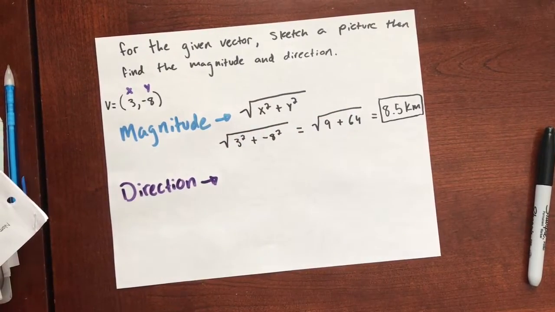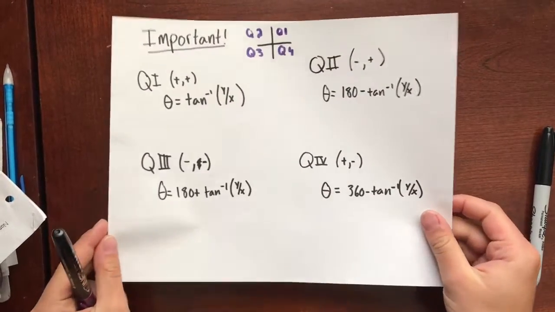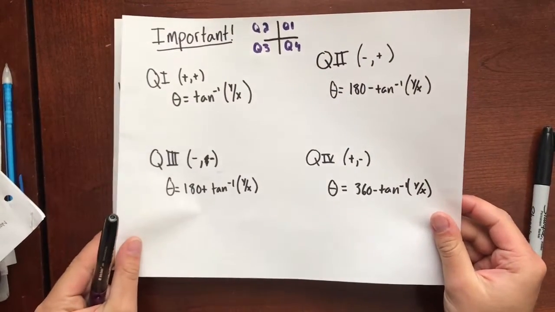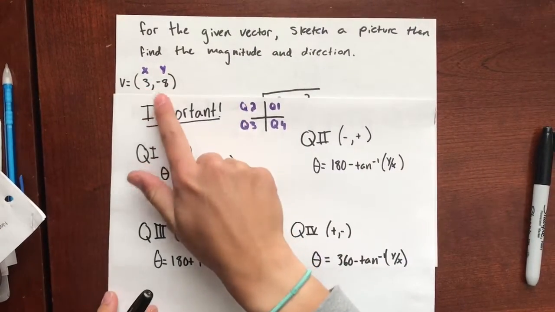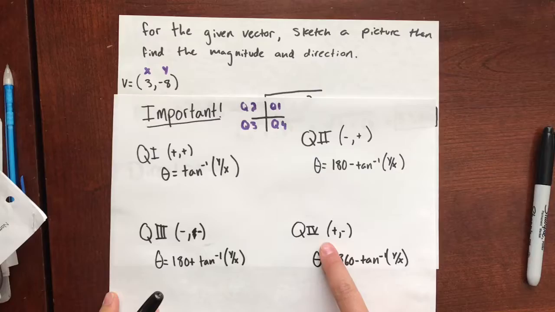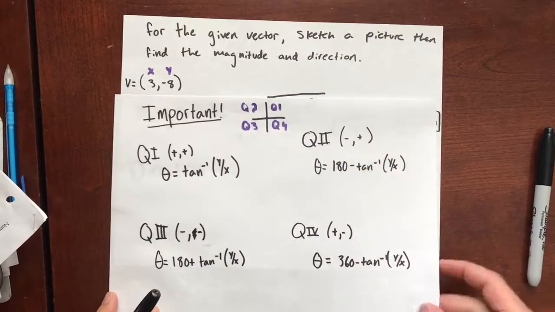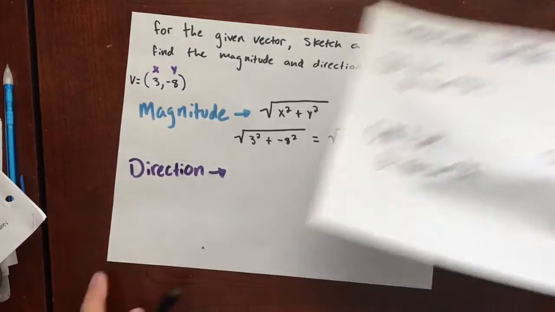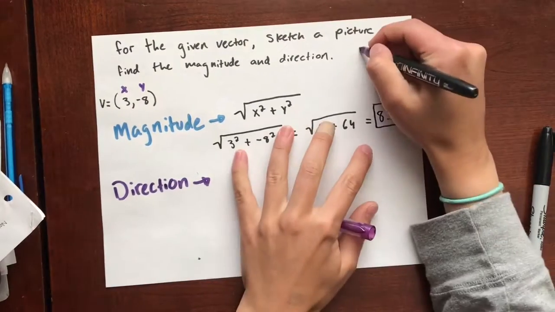we are going to come back to our important sheet, and we're going to look at what quadrant our x and our y values are in. So we see we have a positive and a negative value, and that puts us in quadrant 4. So we're going to sketch a picture for this really quickly just to show where we are.